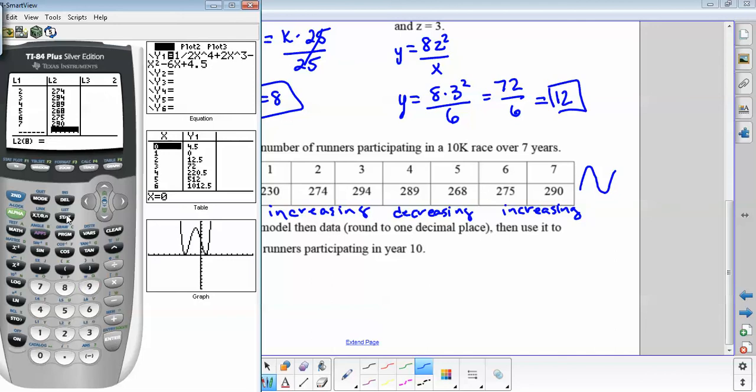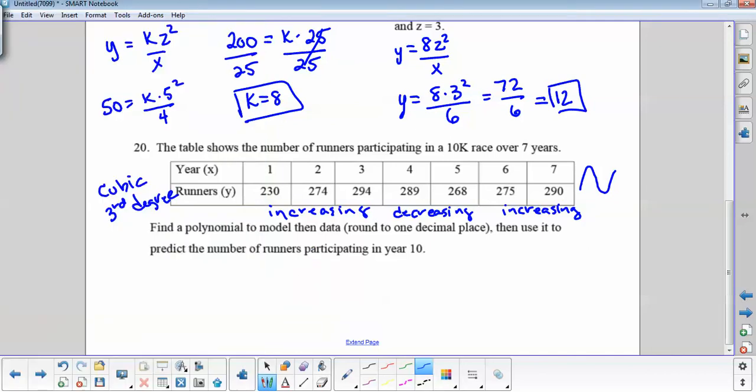Okay, press the Stat button again and go over to Calculate. And you want a cubic regression, which is choice 6. Okay, so here's your equation. Y equals ax cubed plus bx squared plus cx plus d. And you want to substitute the numbers in for a, b, c, and d. Okay, so let's see if we can copy this down. We can round to the hundredths place. So I have 2.36. So y equals 2.36 x cubed.